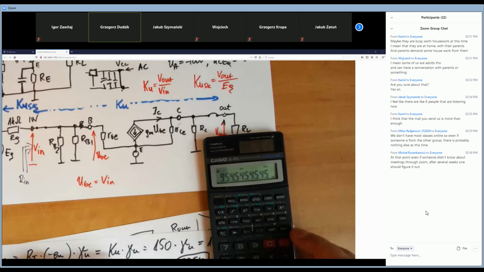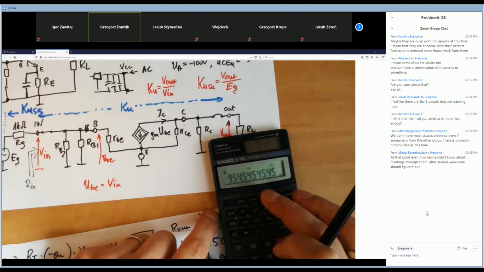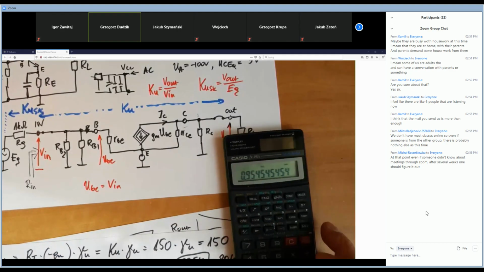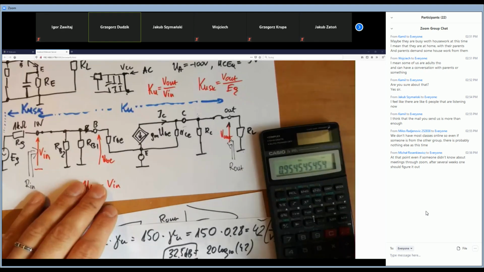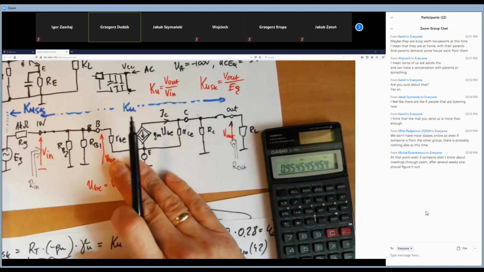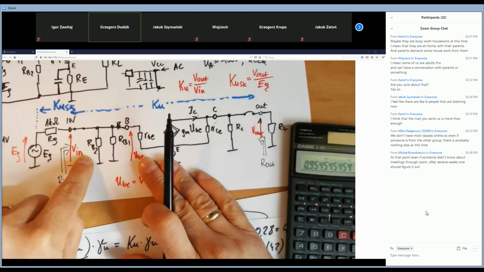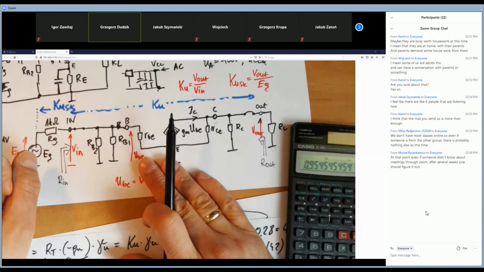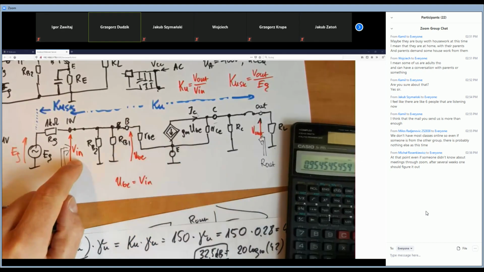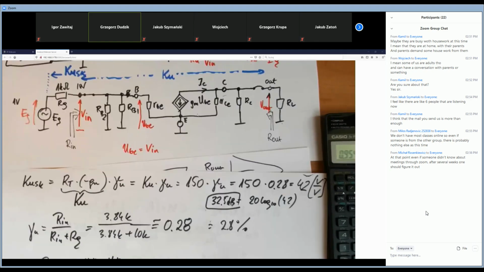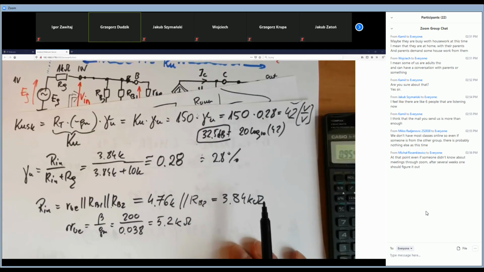Look, it is enough to get 0.95 of gamma U. It means that 95% of the EG signal is going to the input. That's quite a drastic change. Yeah, that's right. So as you see, you only have to replace the transistor with one with a higher beta.